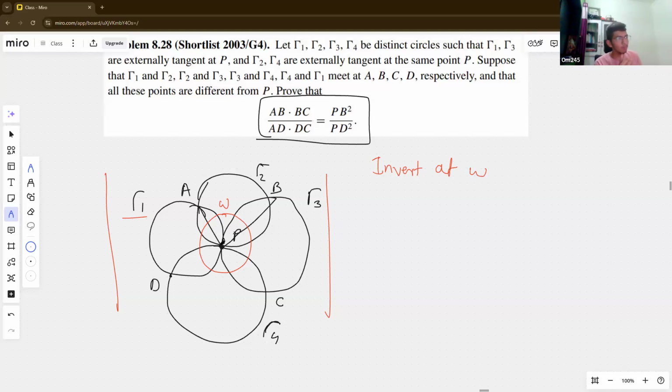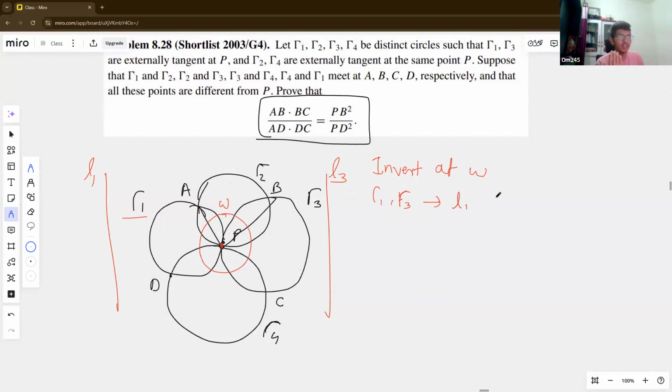Here P is the only intersection point and there's no other intersection point. So basically these lines L1 and L3 should not intersect with each other. Or in the projective sense, they should intersect at infinity, because P will map to some infinitely far point.